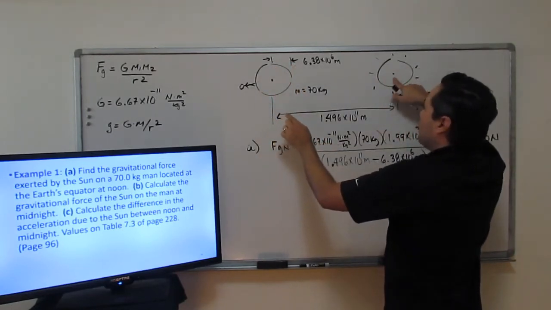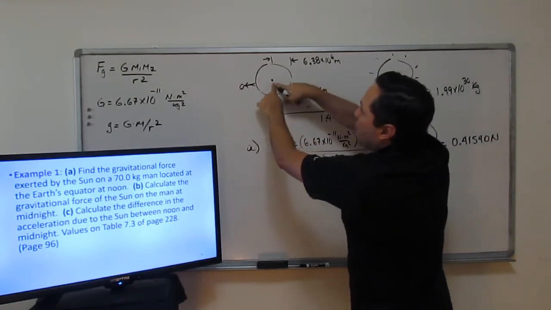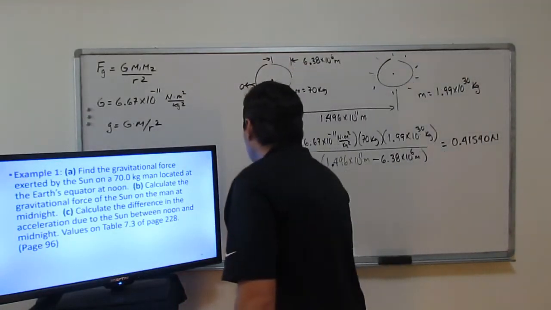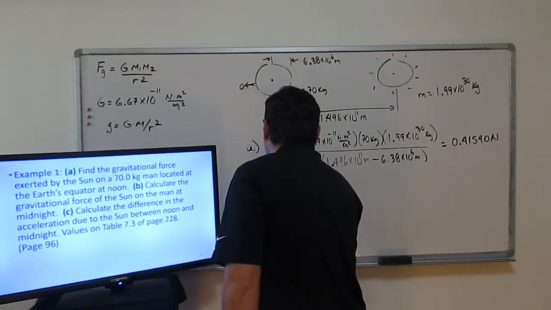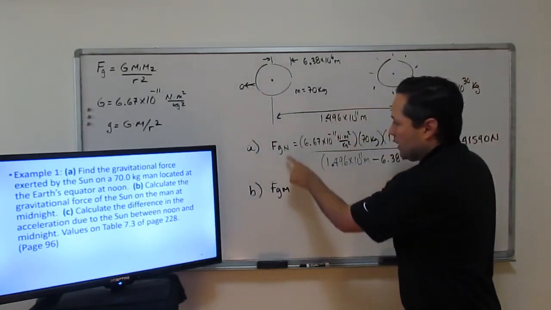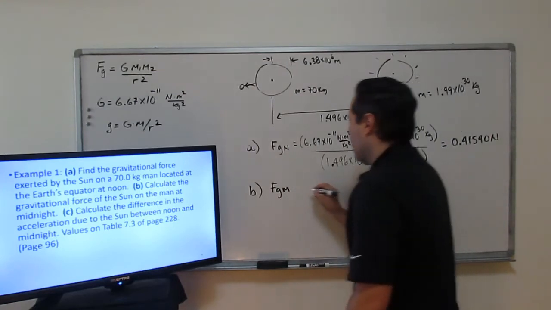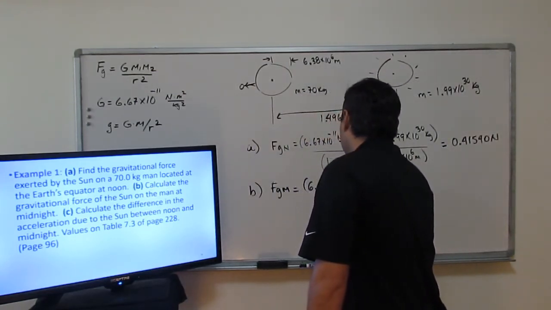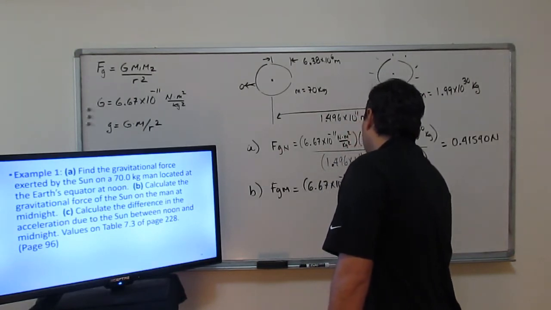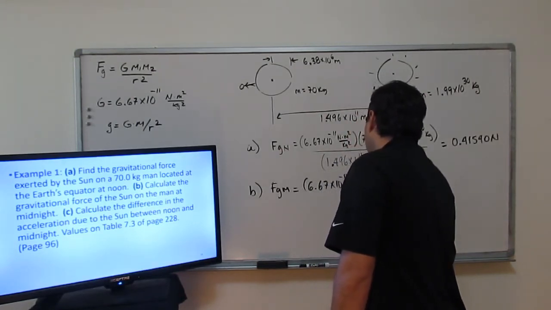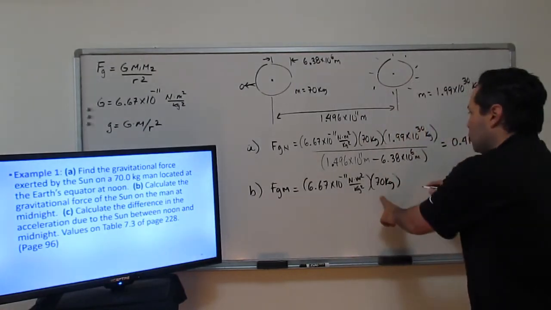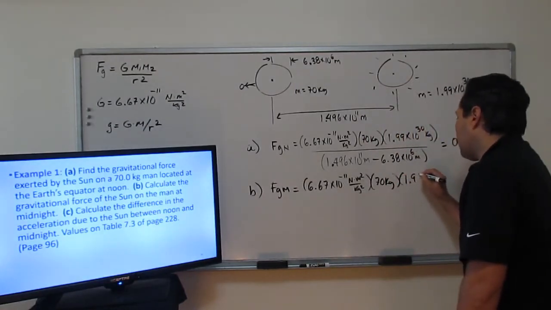Because again, the distance from the center of the sun to the center of our planet, plus the fact that he's on the other side, and that's our radius. So for part B, we'll look the same, and put an M for midnight. N was noon, M is midnight. And all the other values will look the same. The mass of the man is still 70, the mass of the sun remains the same.